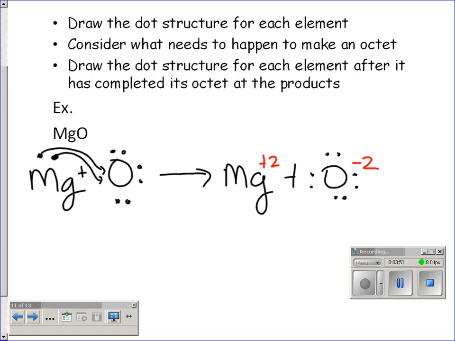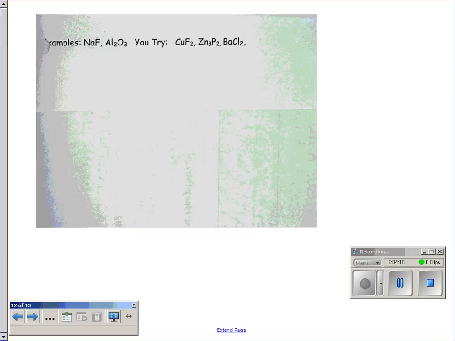This is what I expect to see for a dot structure for an ionic compound. The starting elements with the valence electrons, arrow, and then the elements after they've given up their electrons plus their charges. So I'm going to do one more. NaF.